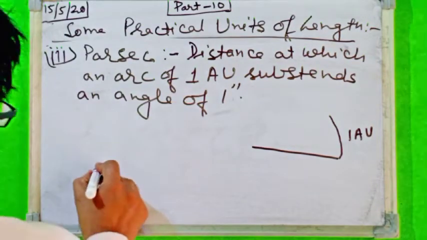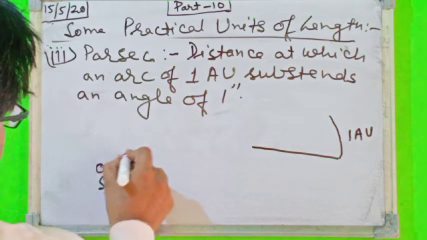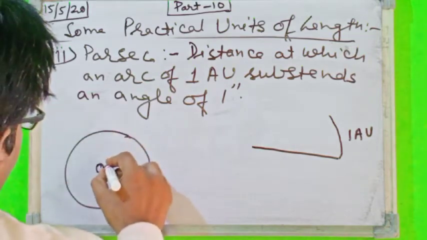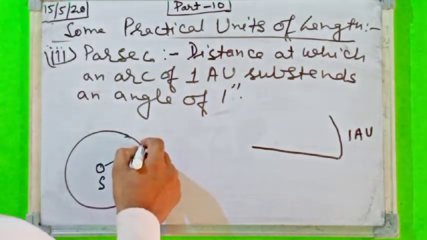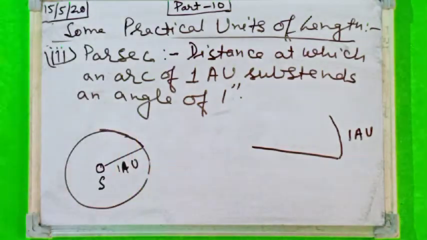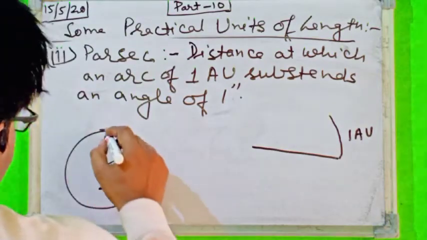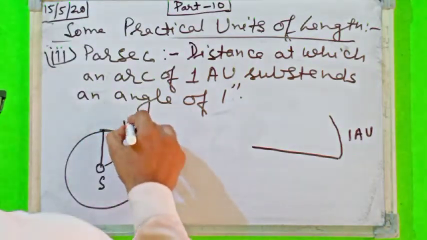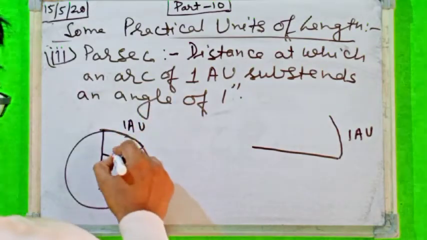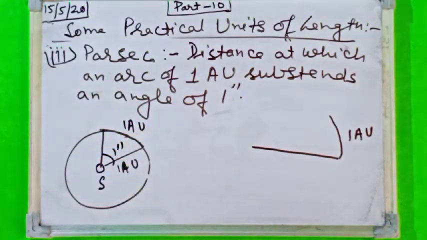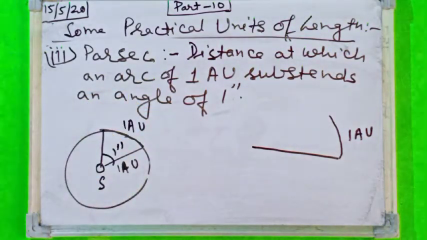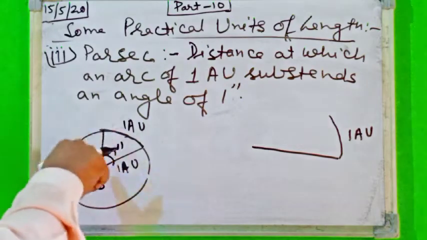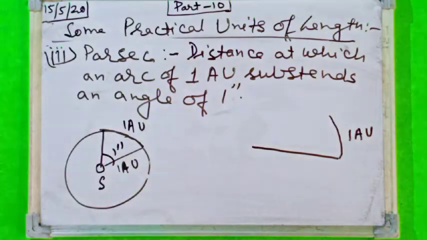Means if sun is here, Earth is revolving, the mean distance is 1 astronomical unit, and if that much distance is subtended by the Earth such that the angle after subtending 1 astronomical unit becomes 1 second. The angle that Earth subtends at the sun, or at the center of this orbit, is 1 second. That is called a parsec.